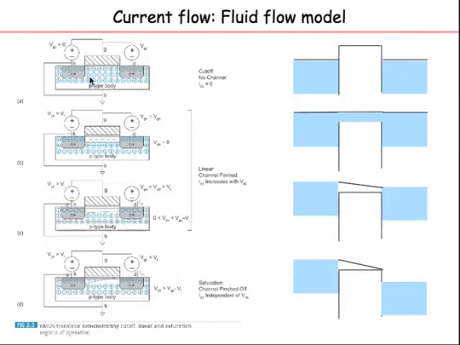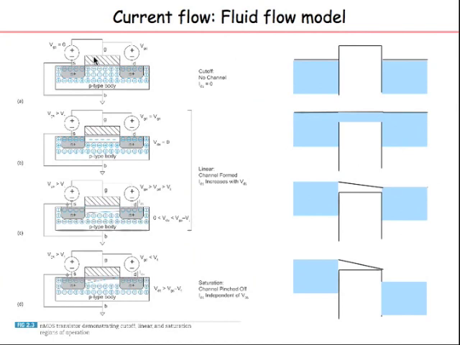Now, when I have this structure, think of it as two reservoirs of electrons. There are two n plus regions on either side of this channel. There is a channel, which is essentially the p-type body that has a lot of holes. There is an insulator and there is a gate.